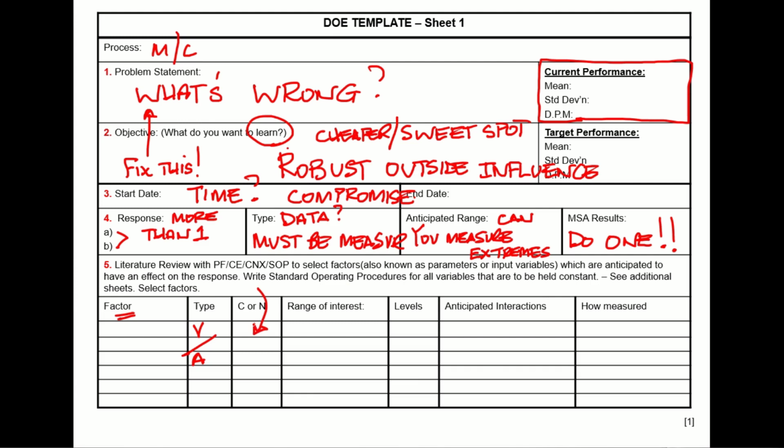Is it controllable or is it noise? So if the temperature is temperature on the machine, that would be controllable. If the temperature we're talking about is the outside temperature, today's weather, well, that of course would not be controllable. It would be noise.